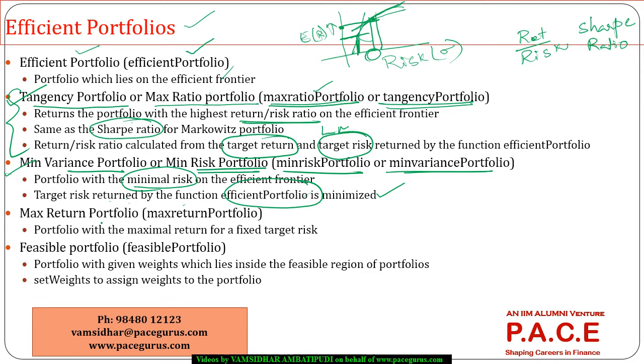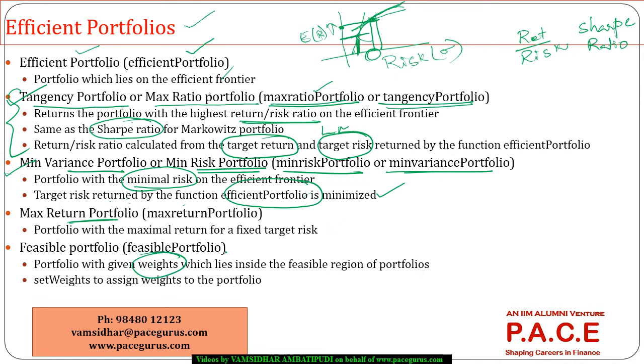Similarly, when I'm giving a specific amount of risk, I can very well create a maximum return portfolio. In some cases, we have specified the kind of target risk, target return for us. So I can very well go with a minimum risk or minimum variance portfolio.